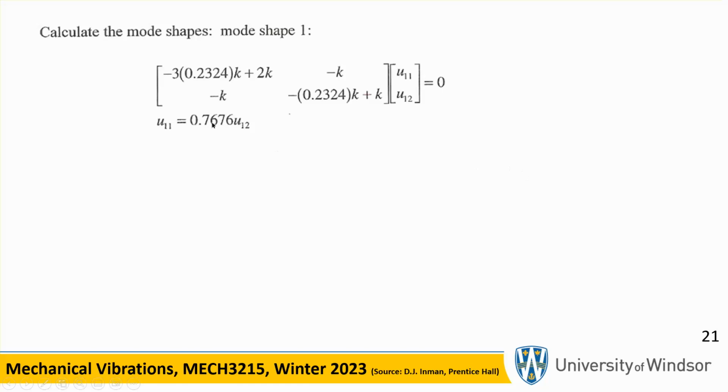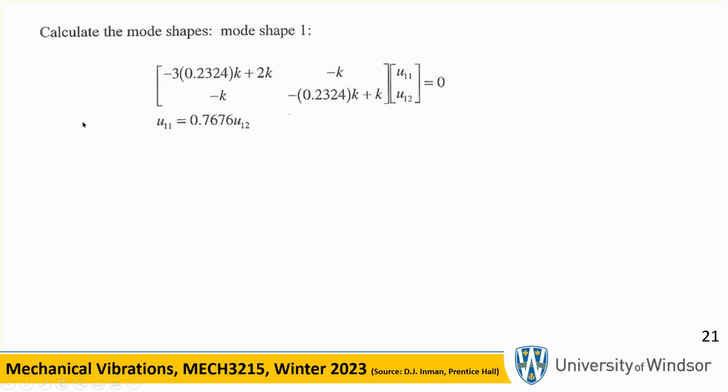Now, let's go ahead and find the first mode shape. So remember, you have to take the first frequency, put it in the expression of minus omega squared times m plus k times u equal to 0.